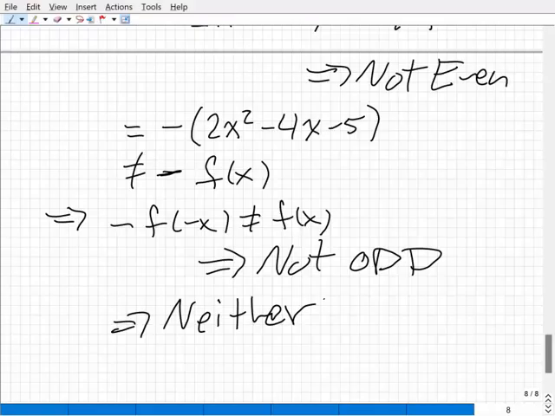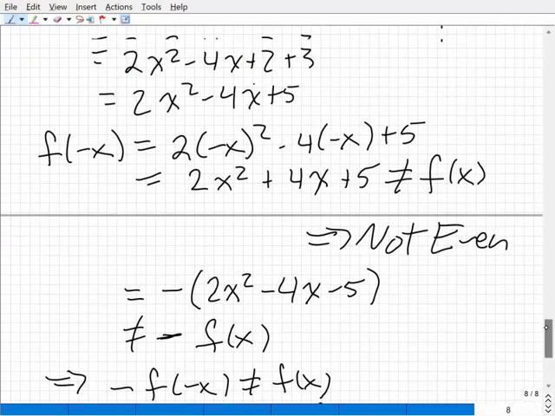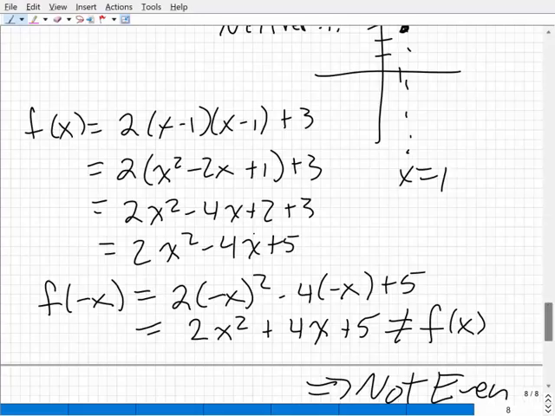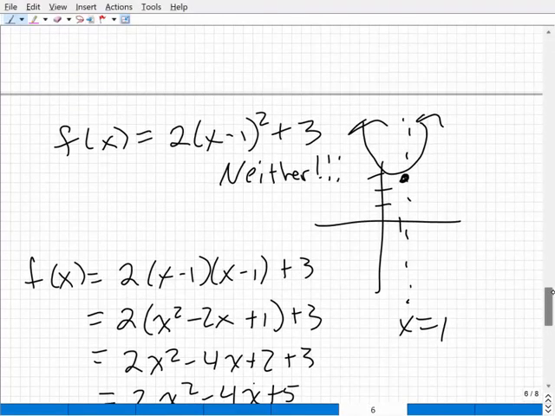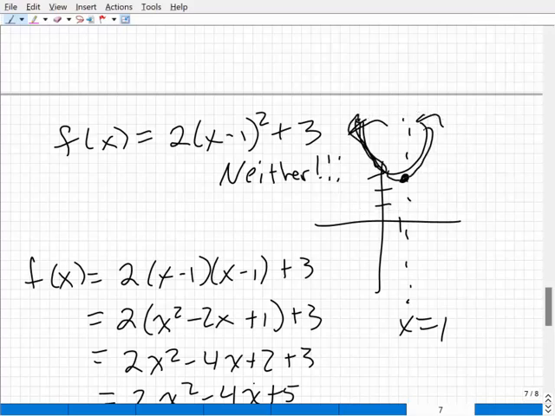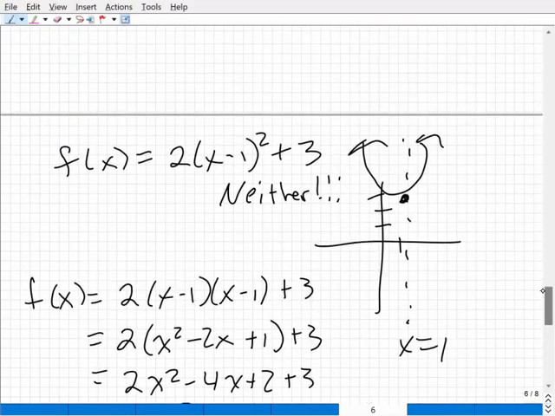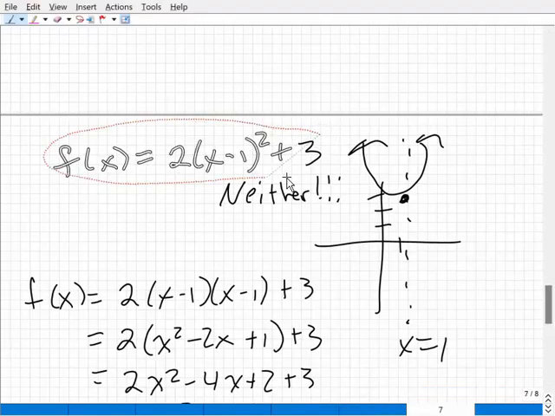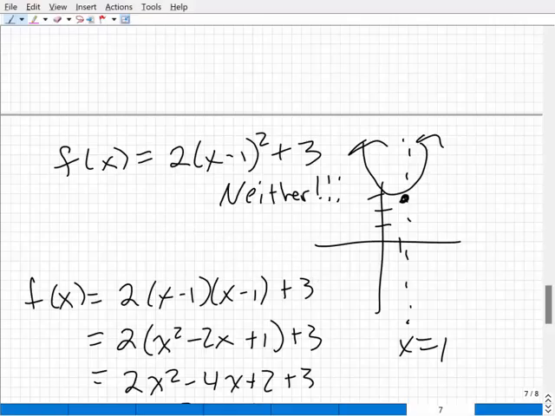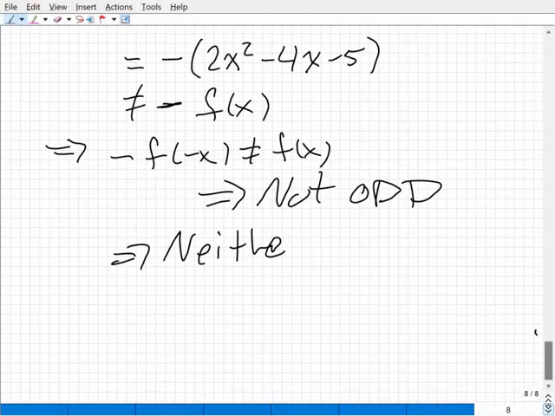Now we could have done it a harder way. Just for the fun of it, we're going to do this the hard way. But again, just from the graph, this is not the same as this. And this is not the negative of that. If you want to do the algebra without multiplying it out into general form, you can, but it's kind of tricky.